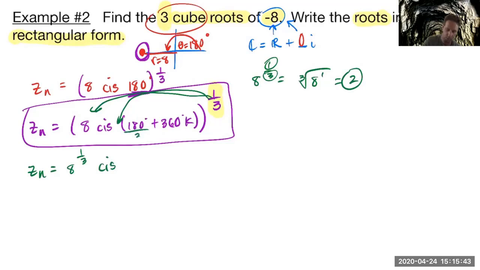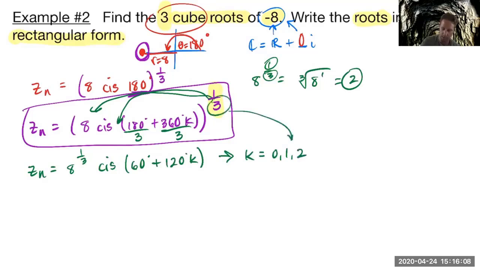So I'm going to be taking 1/3 of that and 1/3 of that angle. And we know 1/3 of 180, really nice, gives us 60. Plus also pretty nice, 1/3 of 360 is 120. And we said that we were going to let k equal 0, 1, and 2 because of the cube roots.